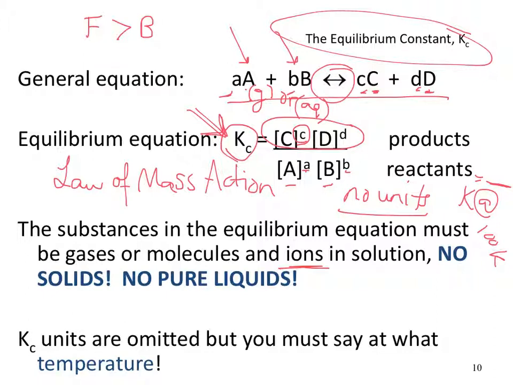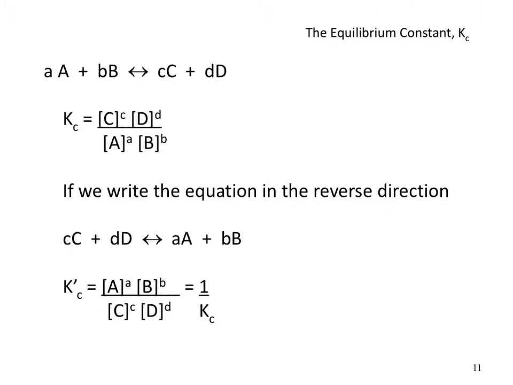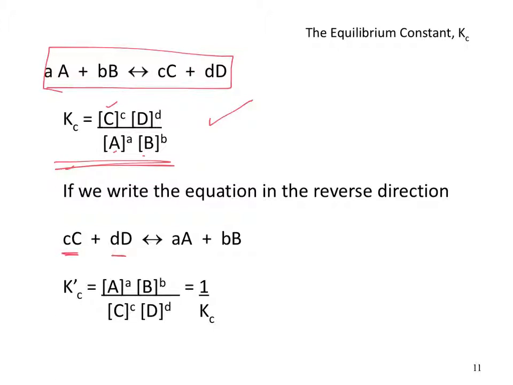So as you can see, I wrote the general reaction, and according to the law of mass action, the product of the concentrations of products raised to the power of their stoichiometric coefficients divided by the product of the concentrations of reactants gives me the value of Kc. For the reverse reaction, which means c moles of C plus d moles of D giving a moles of A and b moles of B, you would get a Kc prime, which is for the backward reaction.